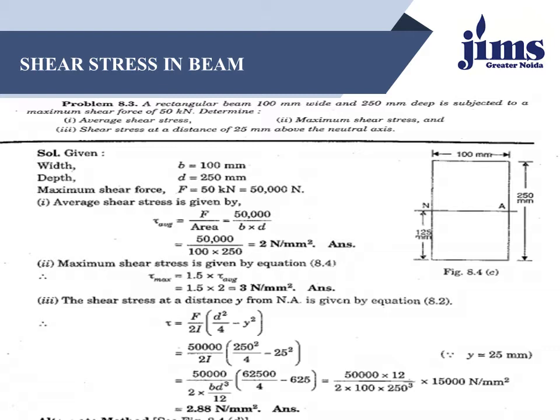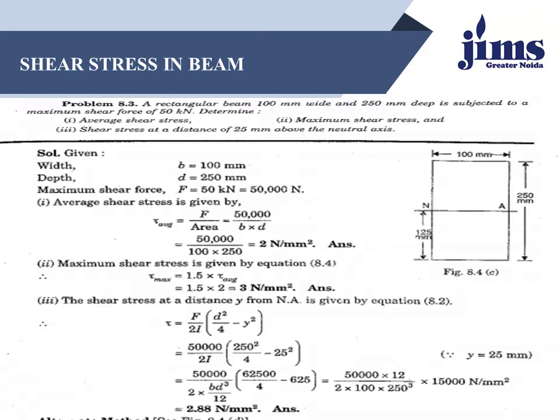So in this problem, the width is 100 millimeter, depth is 250 millimeter, maximum shear force that is F, which is applied on the rectangular section, is 50 kilonewton or 50,000 newton. The first question is calculate the average shear stress. We know that the average shear stress is given by tau average is equal to force upon area.